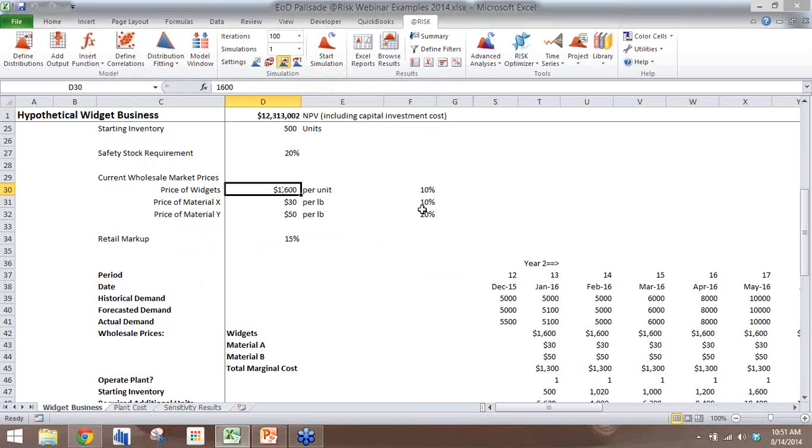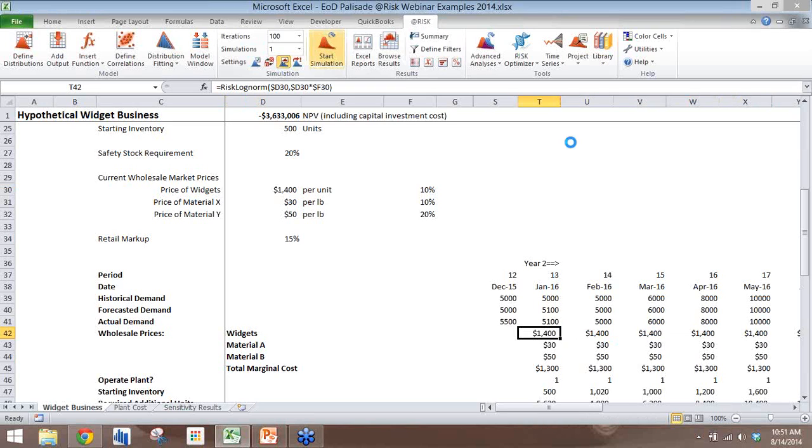But let's see what happens if I drop that down to the 1,400. Again, in the deterministic model, we've got a minus 3.6 million. But if I run this, and as you can see, that 1,400 is propagating through these cells here, let's run the model again.